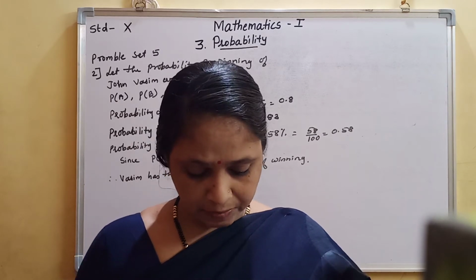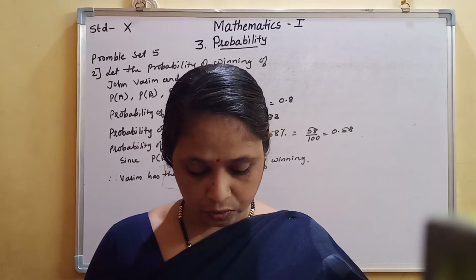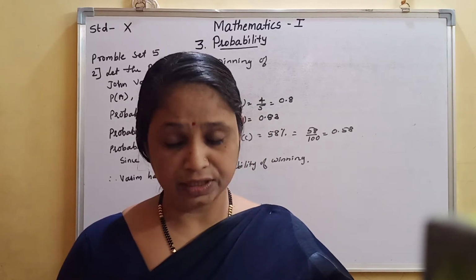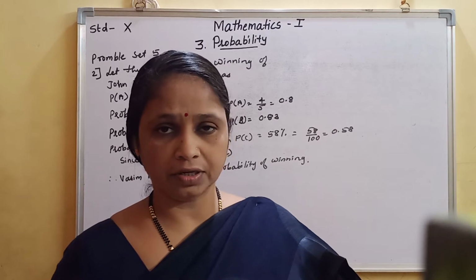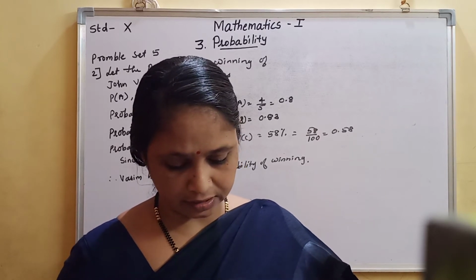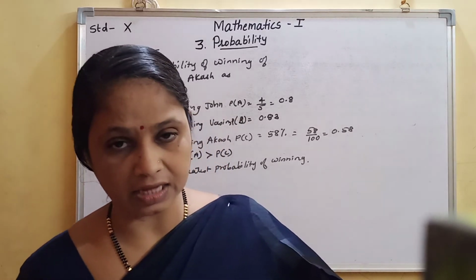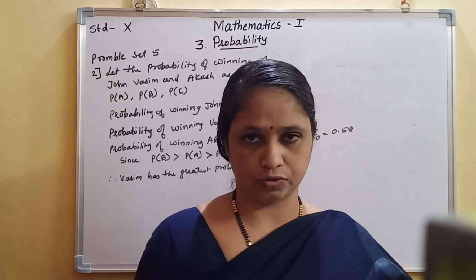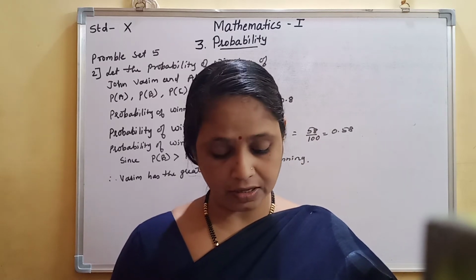Find the probability that the goalie will be selected. This type of question is asked for 3 or 4 marks, or each question can be asked for 2 marks also.